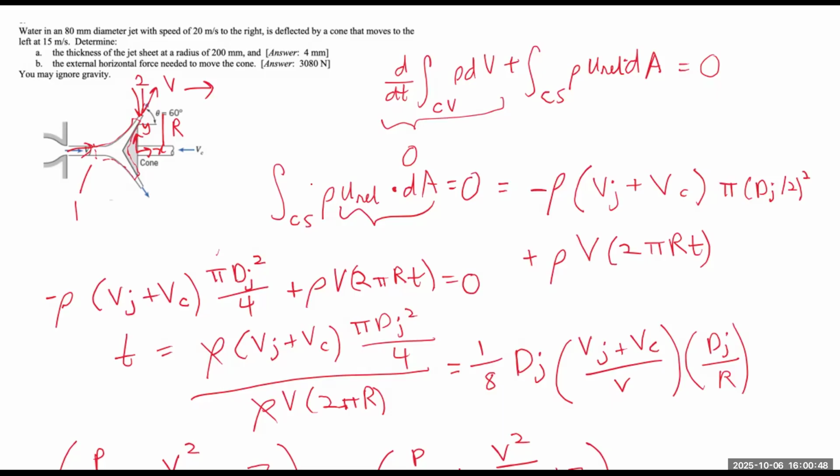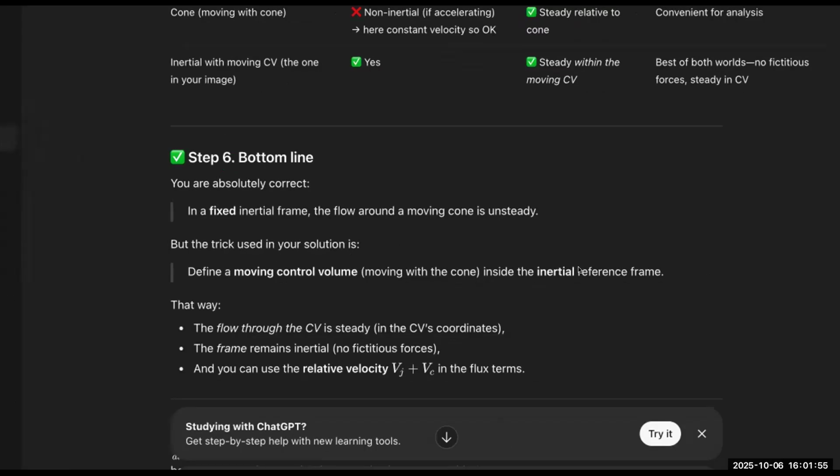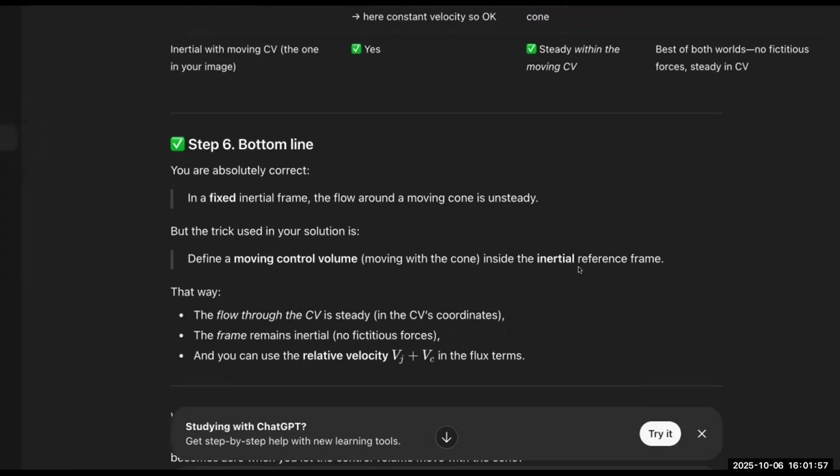If the frame of reference were not fixed to the cone, the flow cannot be modeled as steady state. So, yes, in a fixed inertial frame, the flow around a moving cone is unsteady. So that is why it is helpful to choose a non-inertial reference frame for the first part of the problem.